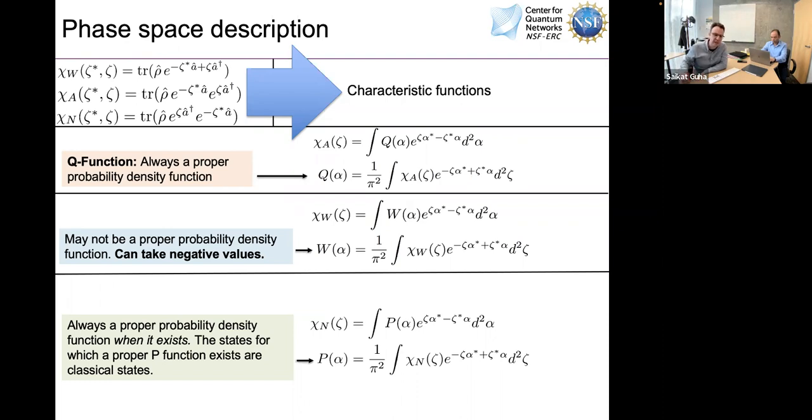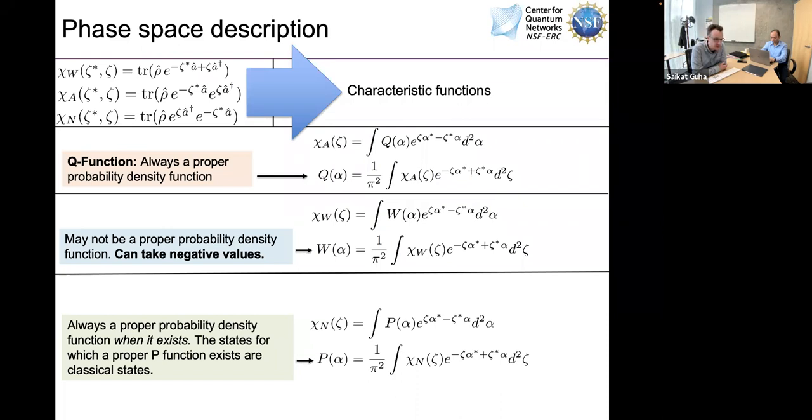But we have to state that it is not always a proper PDF. And especially the states that exhibit some Wigner negativity are the most valuable in several quantum information tasks, such as quantum computation.